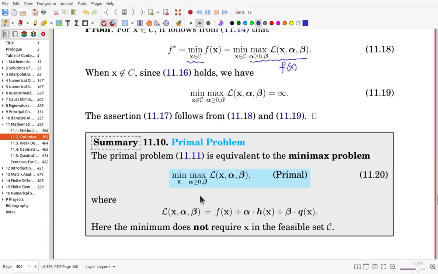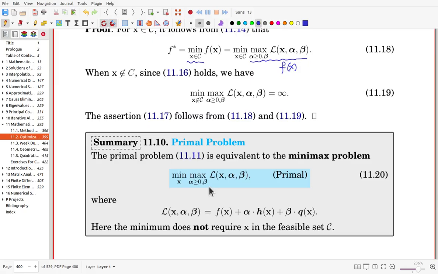Okay, so here we summarize what we have done. The primal problem is equivalent to the minimax problem. You can say min-max problem or mini-max problem. So this problem and the original minimization problem, along with the original function f, are the same.